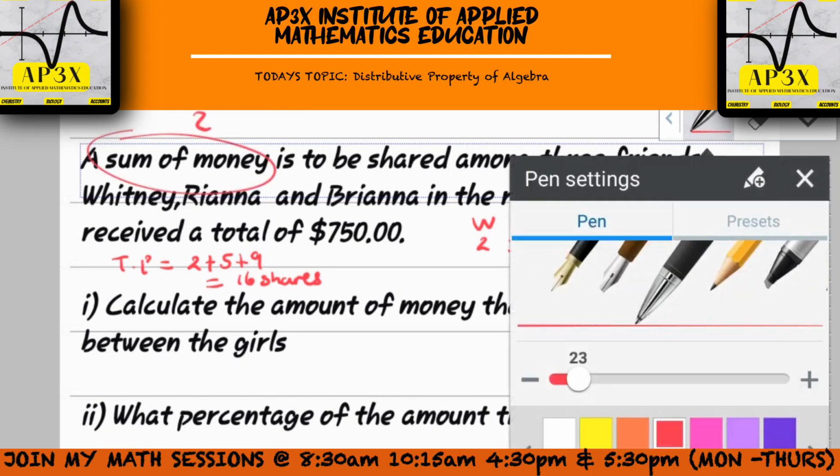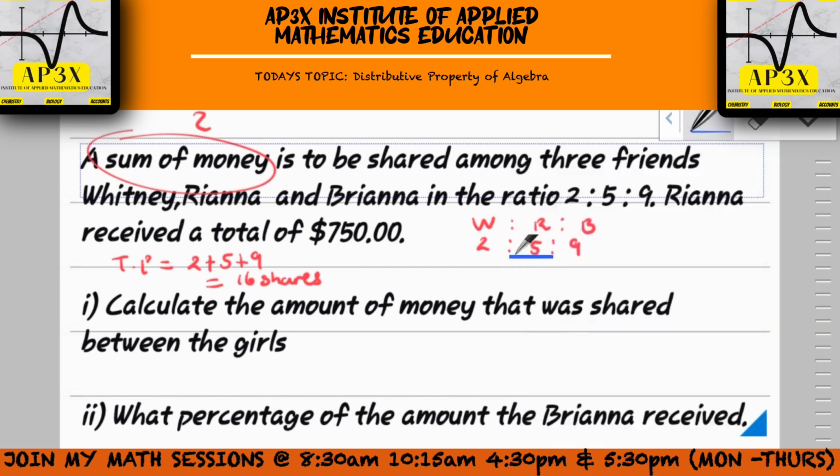Now, due to the fact that Rihanna is the one that got the 750, I can put the $750 under Rihanna's name, which suggests that the 5 shares received by Rihanna is equivalent to the 750. So therefore we can safely say that 5 shares equals $750.